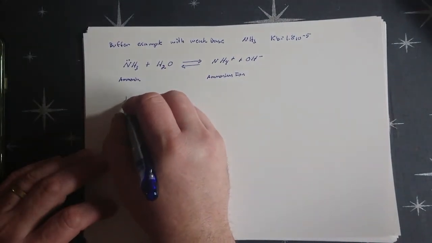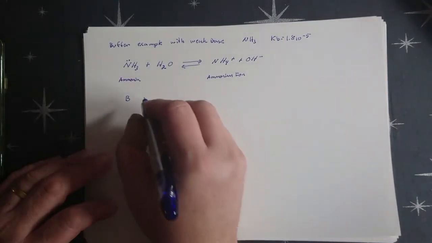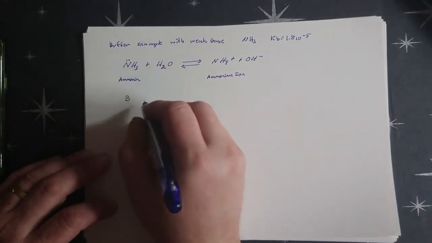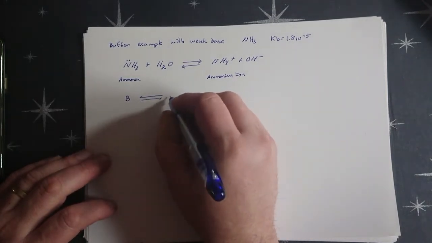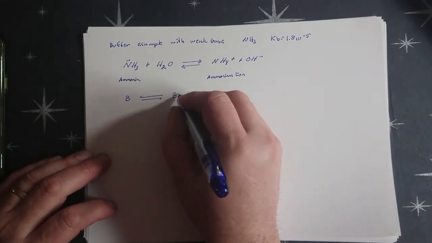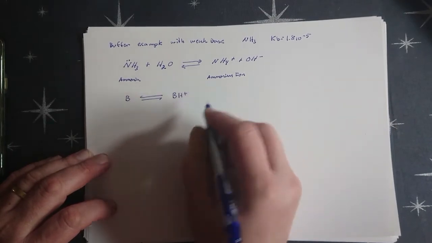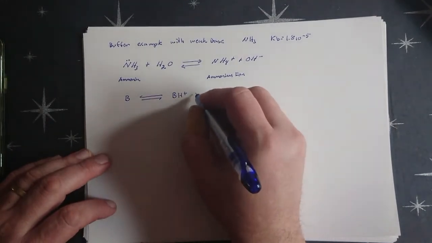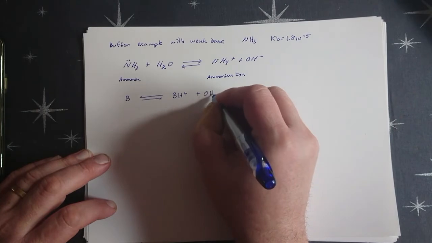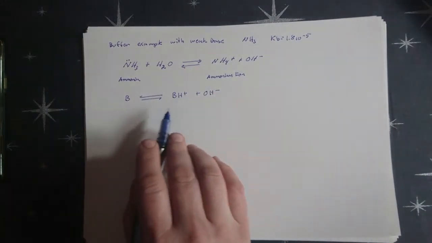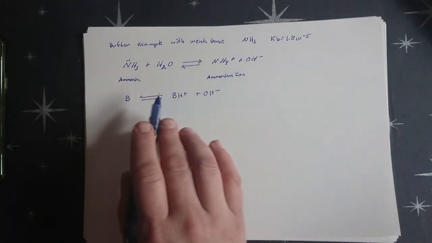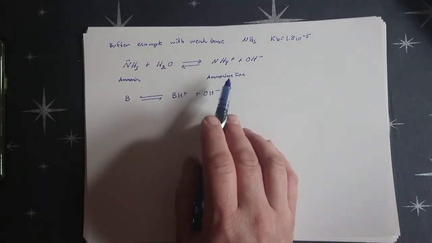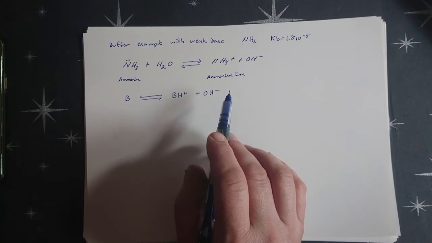The general formula, though, that we use is we say base, and then the conjugate acid is BH plus, and then plus OH minus. We write it this way because that avoids having to write this. And in this case, it's not that big a deal, but in some cases it can be really tedious and long.